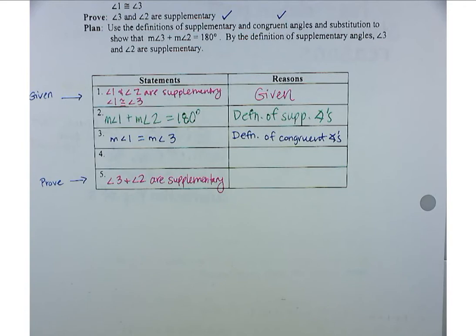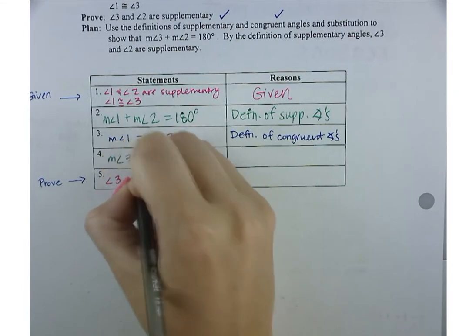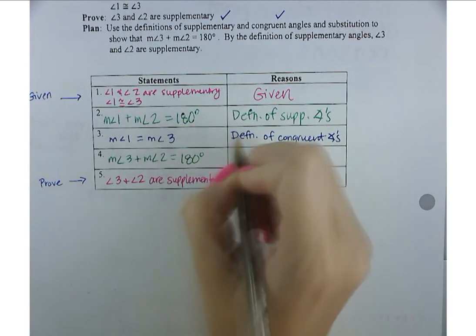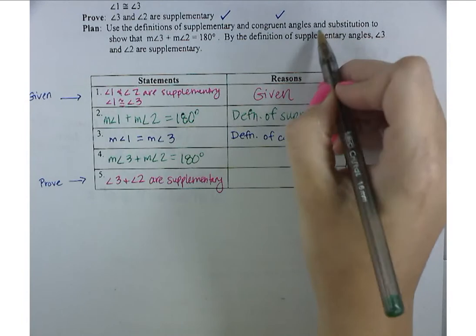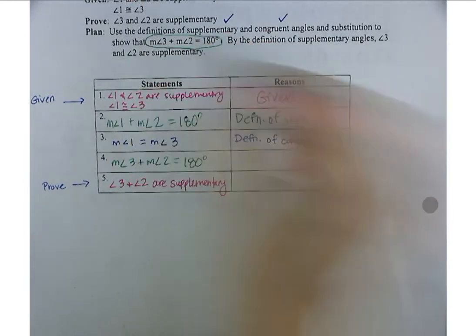Okay, so Ella, what did you put for your next statement? The measure of angle 3 plus the measure of angle 2 equals 180. Good. And how did you know that? Because it tells you in the plan. Right, it says and substitution to show that the measure of angle 3 plus the measure of angle 2 equals 180.